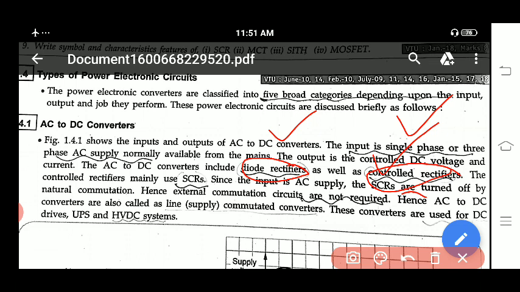The controlled rectifier mainly uses SCR. The input is AC supply. SCRs are turned off by natural commutation. Hence external commutation circuits are not required. Hence AC to DC converters are also called line commutation circuits.